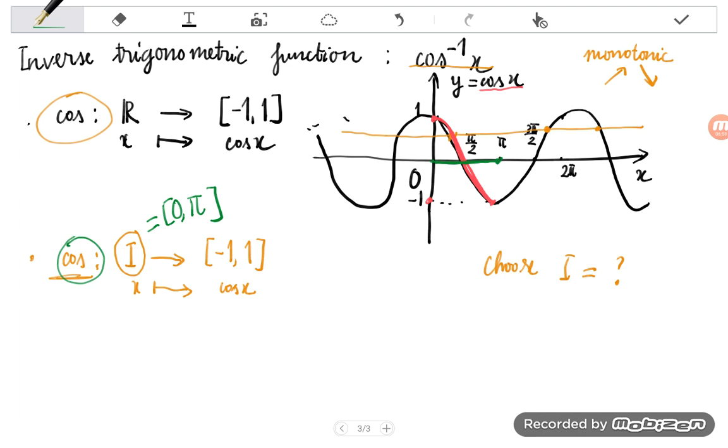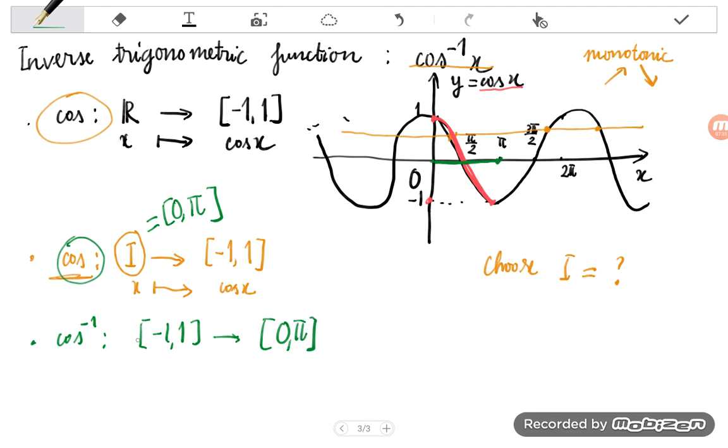So the new cosine function has the inverse function, and we call this inverse function cosine -1. Of course, the new cosine function goes from the closed interval 0 to pi to the closed interval -1 to 1, so its inverse function must go from -1 to 1 to 0 to pi.